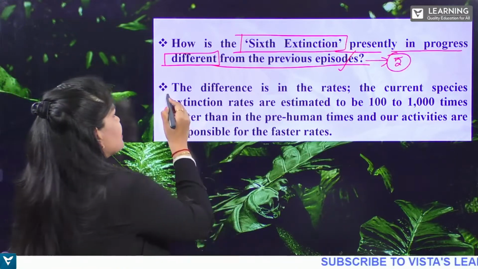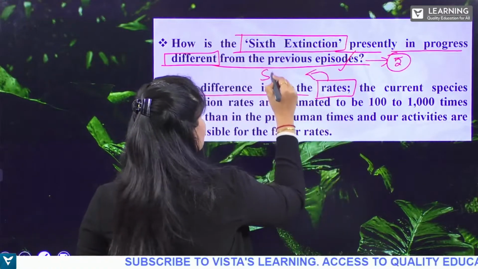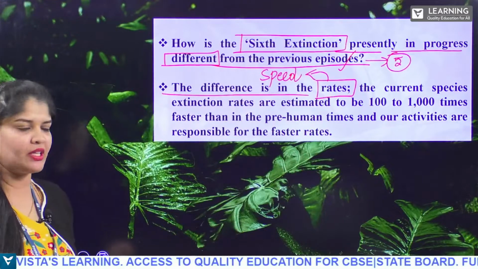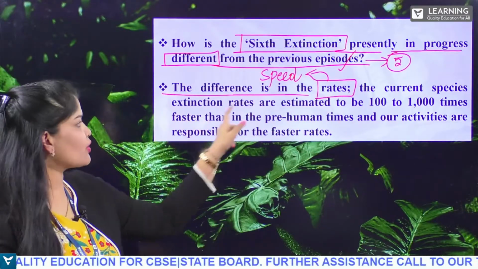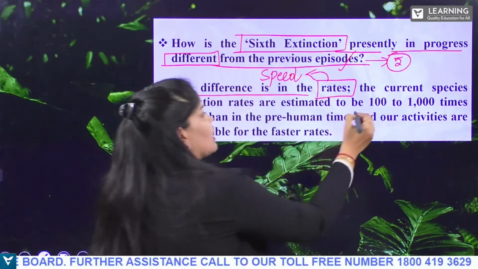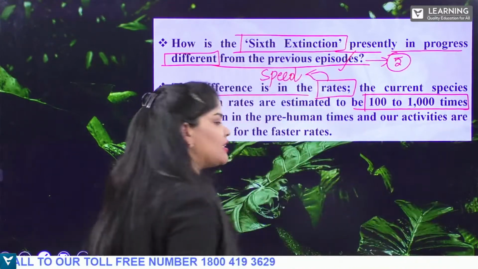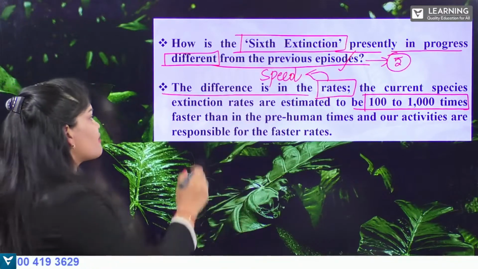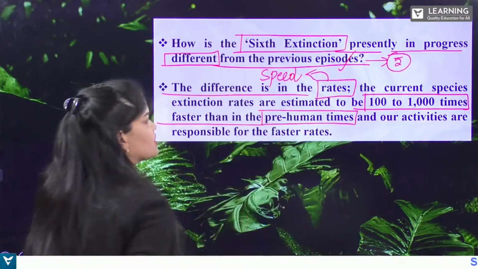So the difference is in the rates, nothing but the speed at which extinctions are happening. The current species extinction rates are estimated to be 100 to 1000 times faster than the pre-human times. This is very, very huge.